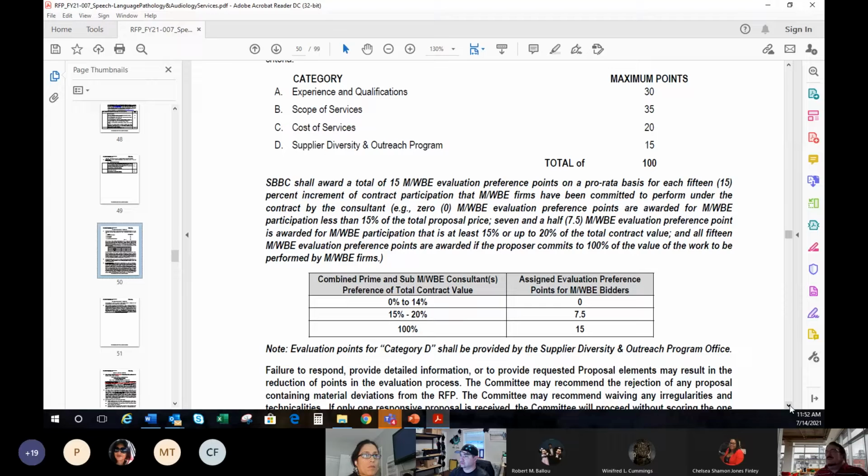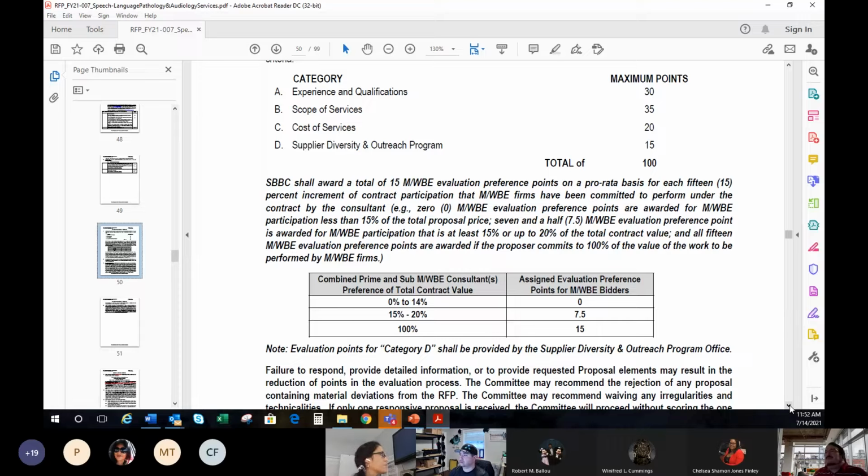The minimum number of committee members is 3 to make a quorum. They could have anywhere from 3 to 10, 12, or 15. In fact, our benefits RFPs, which would be our medical health services and such, have a good 20 to 25 people on that committee.